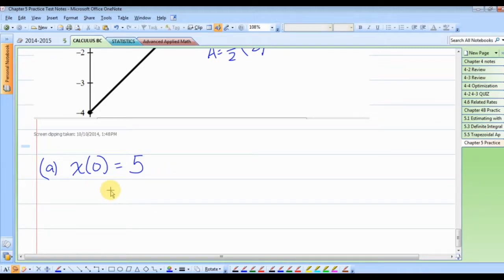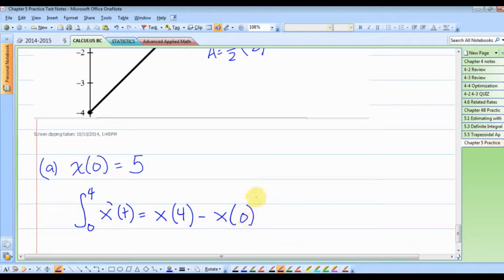Is there an integral expression I can use to find x at 4? Yeah. The integral from 0 to 4 of x prime of t equals x of 4 minus x of 0.